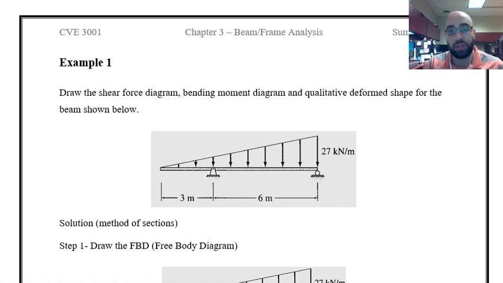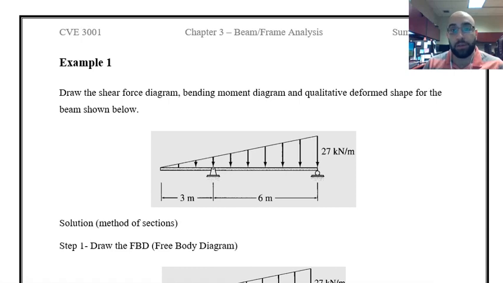Based on those conventions, we applied that at the place of the section and analyzed the beam for finding that specific shear force and bending moment, which gave us an equation instead of some specific values. And by having all of those equations along the length of the beam, we could obtain the shear force distribution and bending moment distribution along the length of the beam.